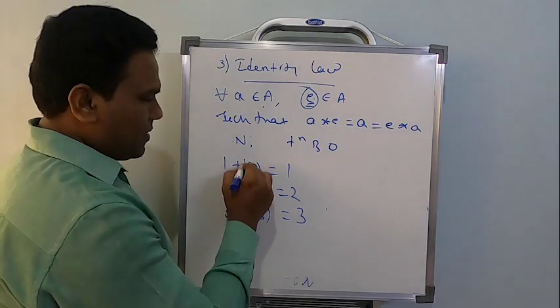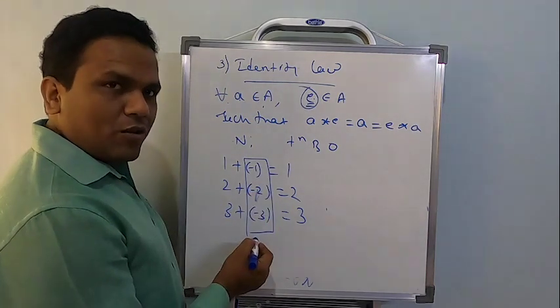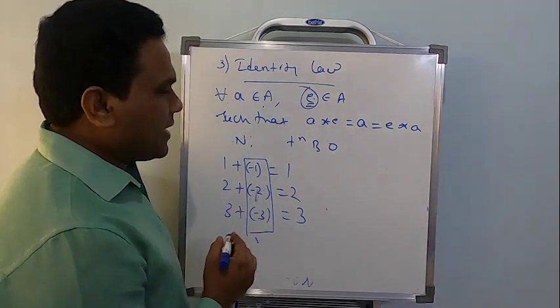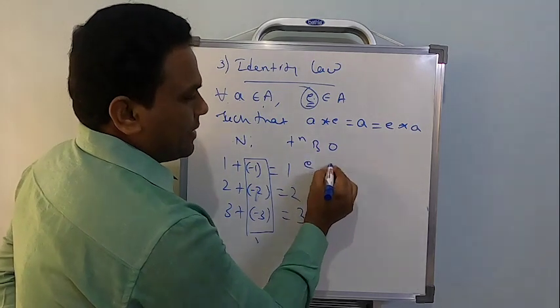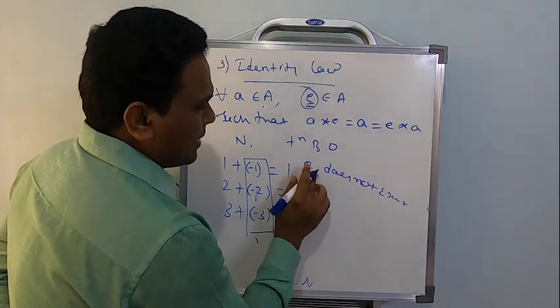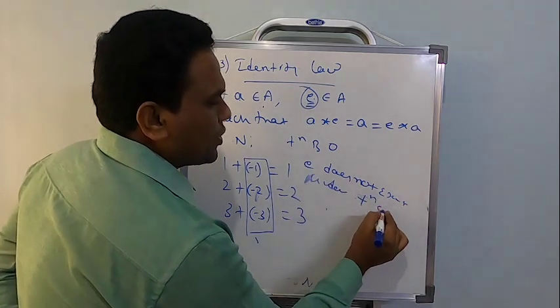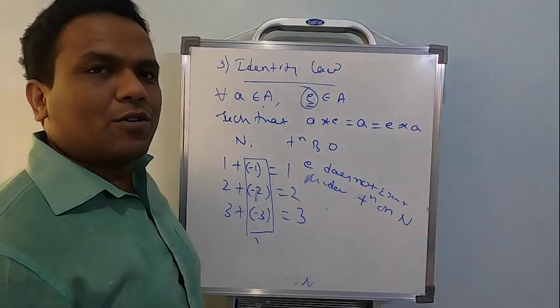But look here, what's happening? First of all, these are not at all natural numbers, right? So what we say is, identity does not exist under addition on the set of all natural numbers.